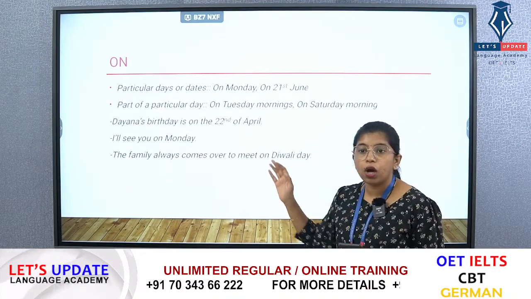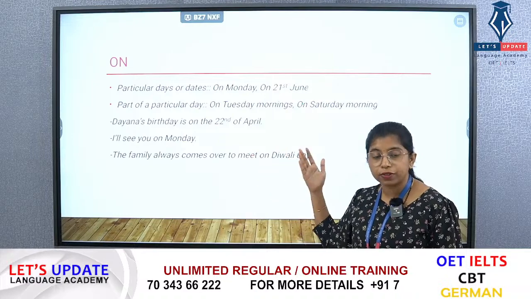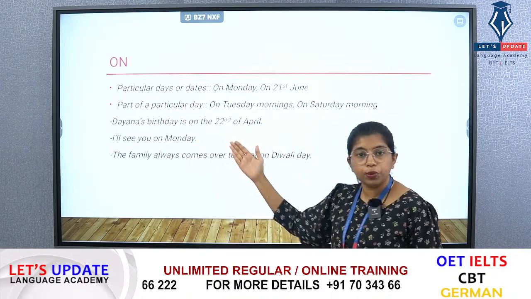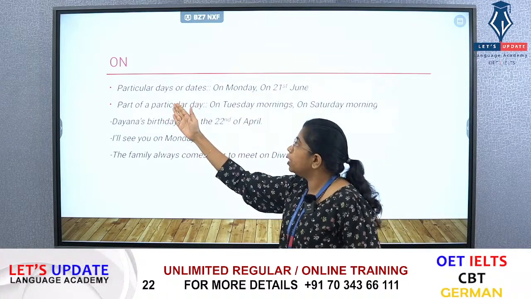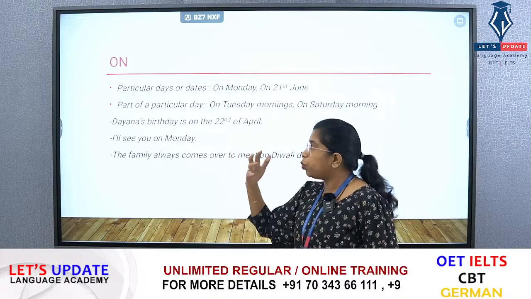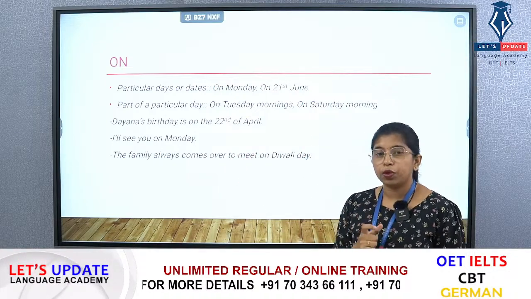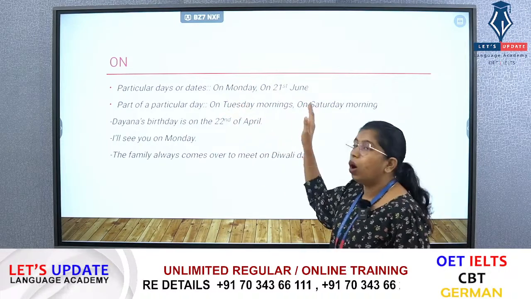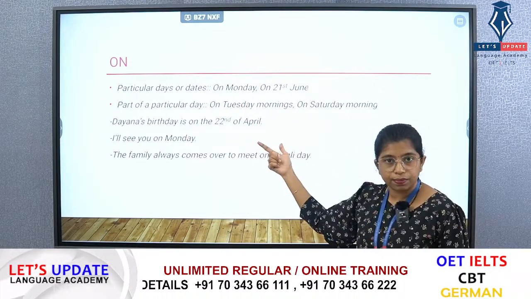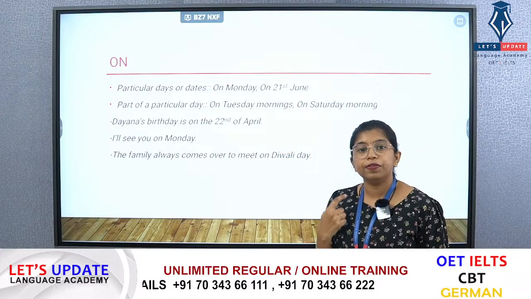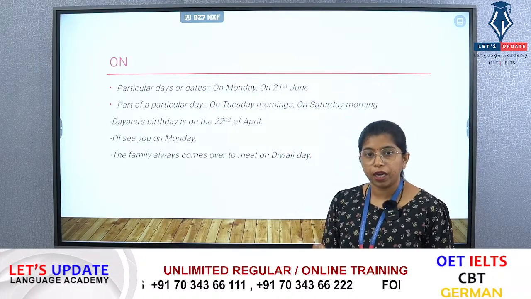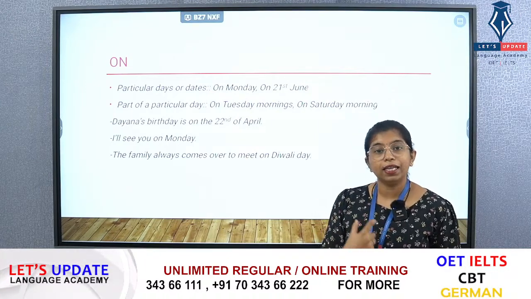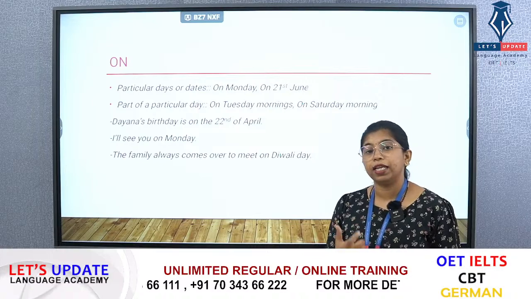The second preposition of time is on. In which situation do we use on? We use it with particular days or dates. When you want to mention a particular day or date, you use on. On Monday, my live will be on Monday. I am specifying a particular day on which my live is broadcast.